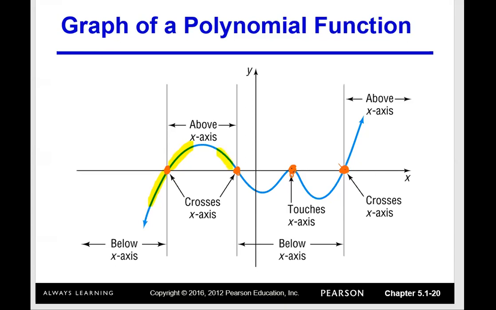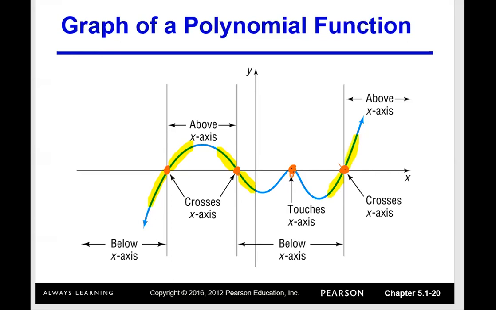Same thing over here. Before the point, you're above the x-axis. After the point, you're below it. So that's crossing. And one more over here, before that x-intercept, I'm below the x-axis, and after I pass it, I'm above the x-axis.